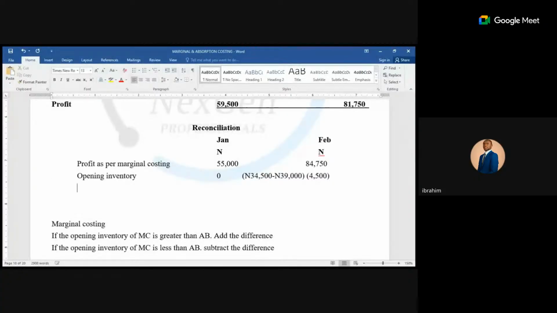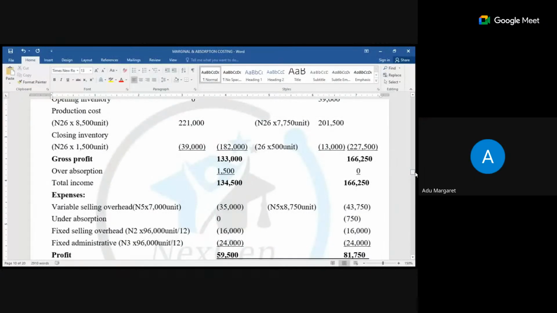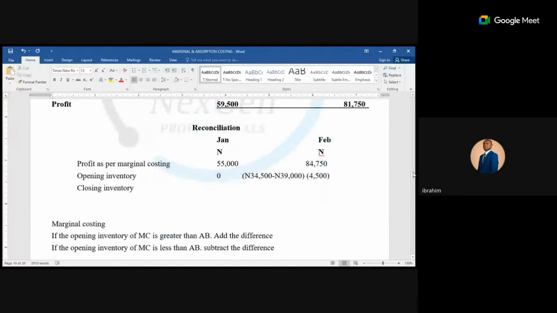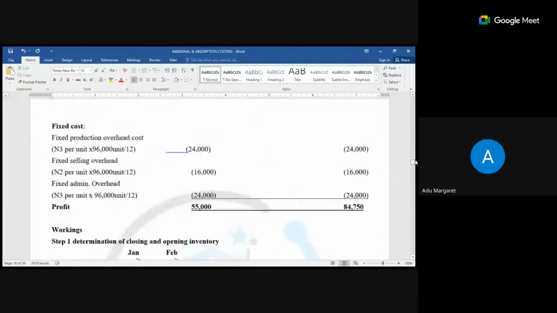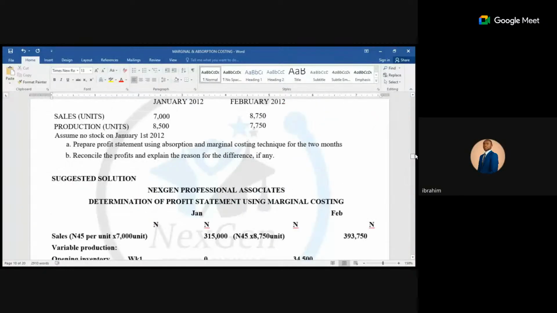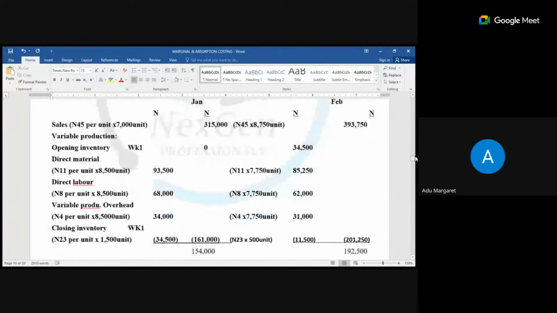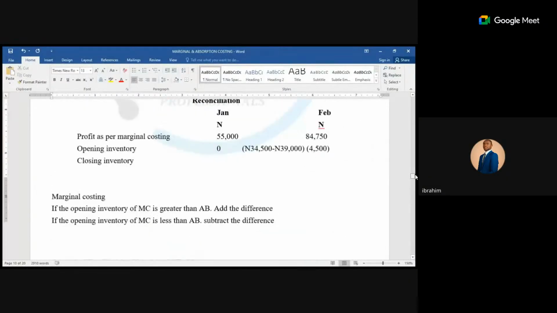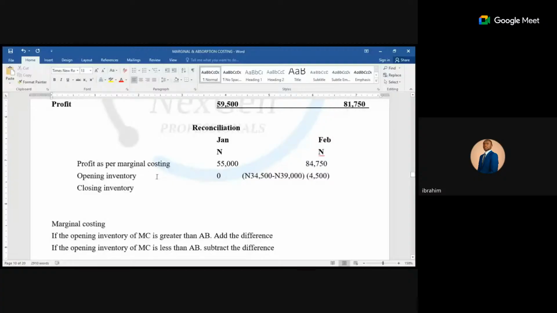Now, for the closing inventory, what is the closing inventory for marginal costing? 34,500. That would be the opening for the other part, right?